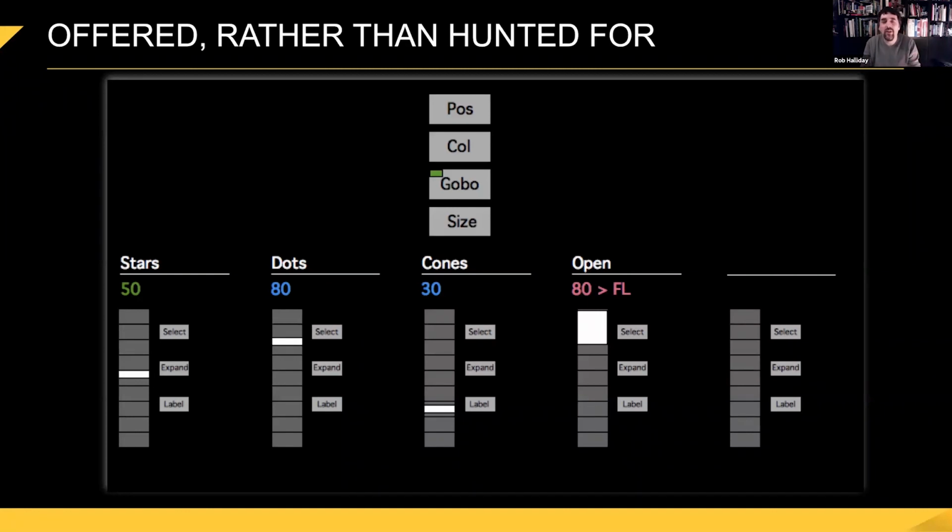Dot gobo, whatever. The machine knows all that, and it should be able to present that to you, I think. And then you would immediately be able to grab it and select it without having to do lots of hunting for things. Okay. Anyway, rant over. I've been ranting about this for years. Nobody's done it yet. If you're a console manufacturer and you'd like to do it, call me, we can talk.